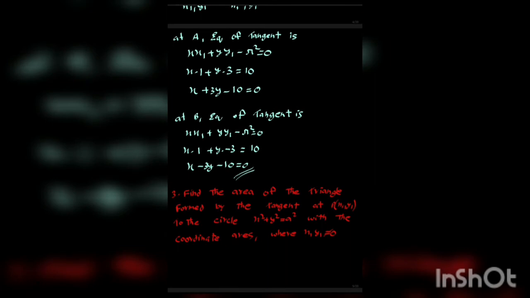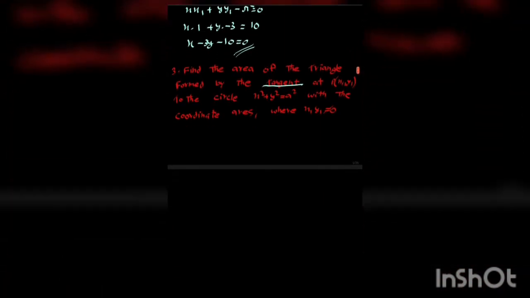So the given question is to find the area of the triangle formed by the tangent at P x1, y1 to the circle x square plus y square is equal to a square with the coordinate axes, where x1, y1 not equal to 0.